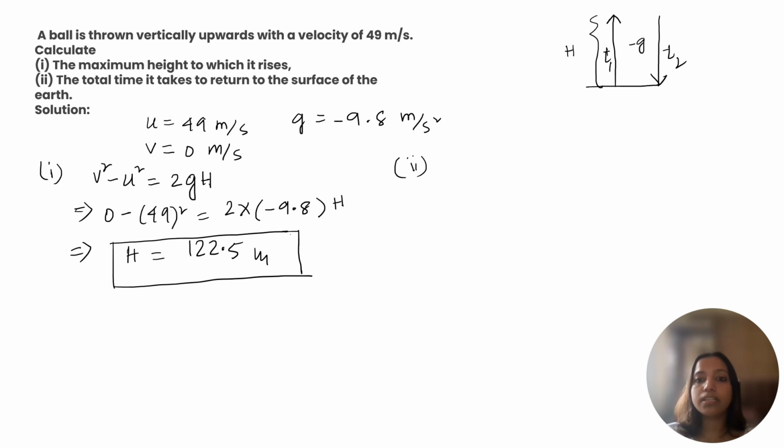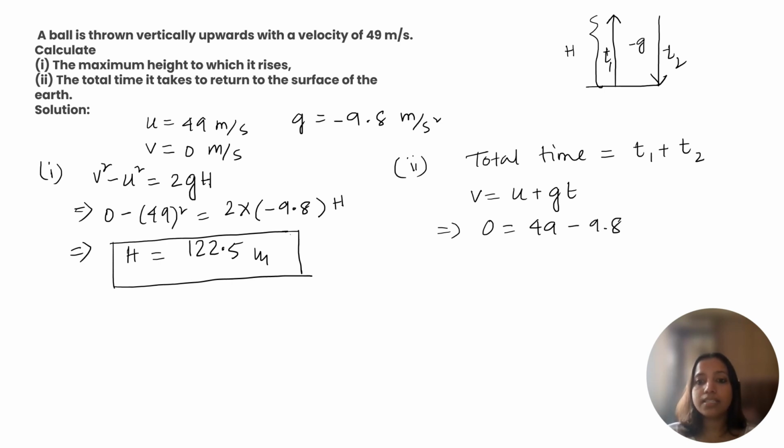That means the total time would be t1 plus t2, and the value of both of these times will be the same. So we are going to use the first equation of motion, which is v equals u plus gt. Now v is 0, u is 49, and g is minus 9.8.